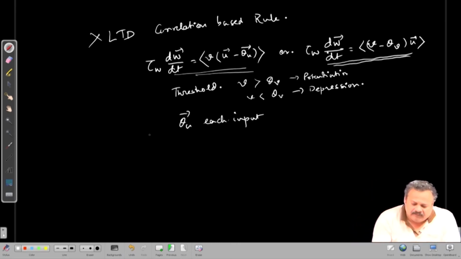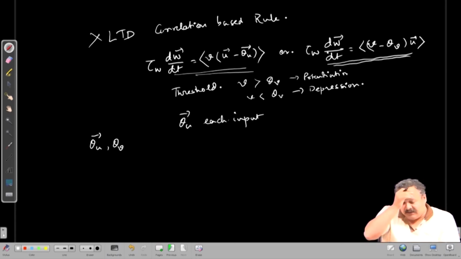We can have both of them. The mathematical treatment gets a little complicated when we have theta U and theta V both in the system. But our treatment here will follow one of the two.